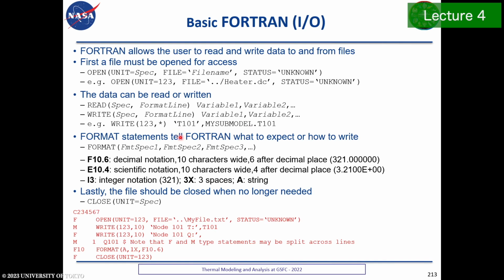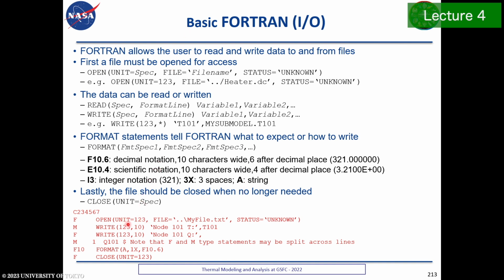Format specifiers tell it how to write something out. F is decimal notation; in this case, it would be 10 characters wide, 6 after the decimal place. E is scientific notation, 10 characters wide, 4 after the decimal place. I is integer notation, X is spaces, A is a string. Once you are done with a file, after you've opened it, you want to close it.